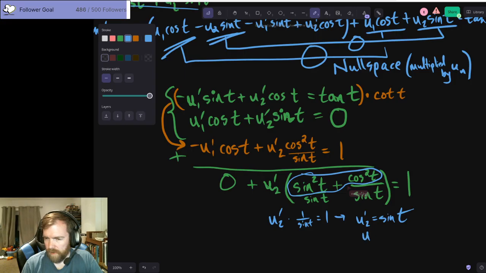And so therefore, I'm plugging that back into the orange. Oh, so you, sorry. Minus cosine. Yep.